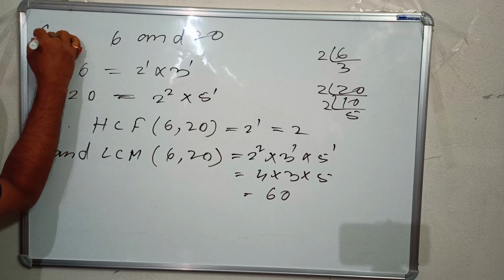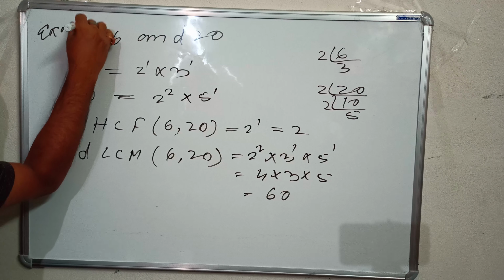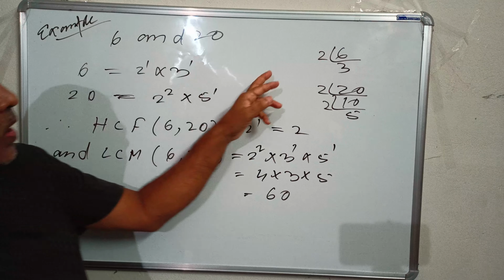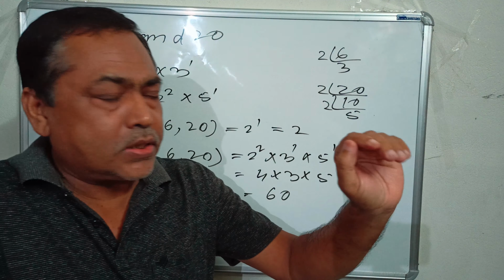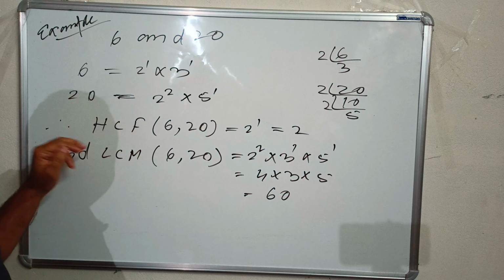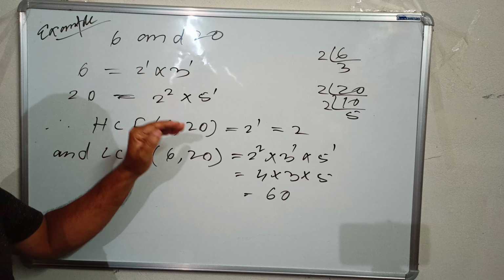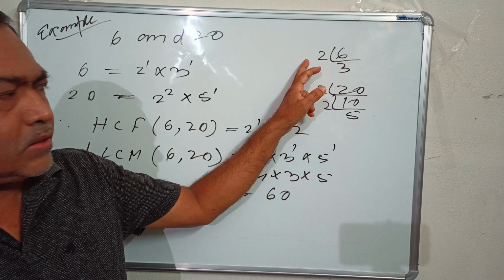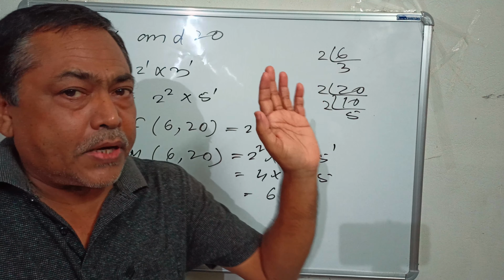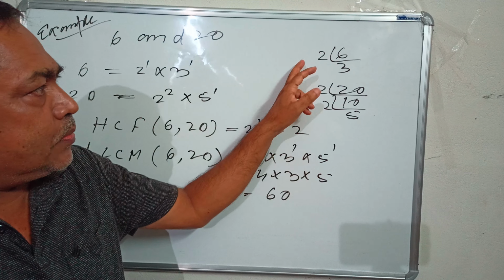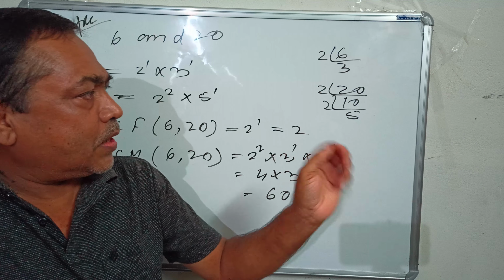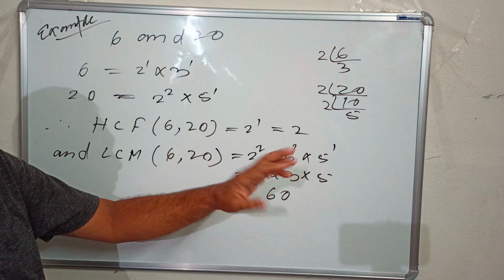Once again, I have taken two composite numbers as an example. These two composite numbers are given to you, and you are going to find the HCF and LCM. The process I am explaining here: you factorize the numbers using the prime factorization method, which means you will be using only prime numbers.